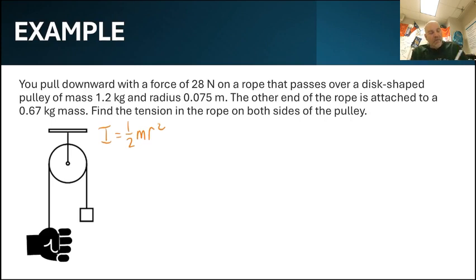If I'm looking at one side, if I split this into two, the sum of the forces on the left is equal to 0, because I'm going to pull with a constant velocity.